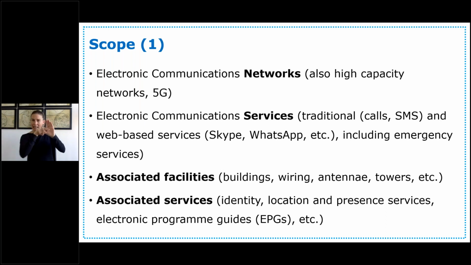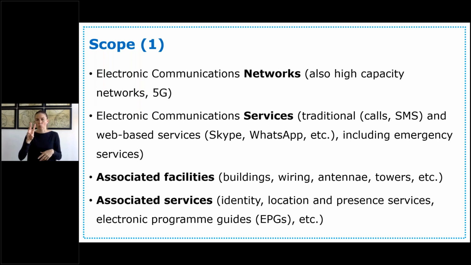And they address very high capacity networks or 5G, which will make fast connections possible, which is something that the EU wants to achieve. And the other thing that is included in the scope is the electronic communication services. These are your traditional phone calls, for example, or SMS that you can make, but also web-based services such as Skype or WhatsApp or email communication.